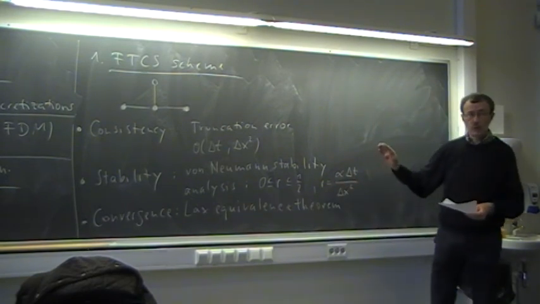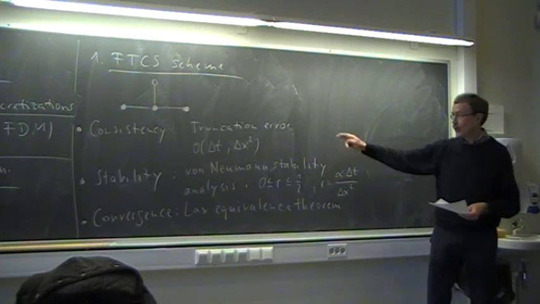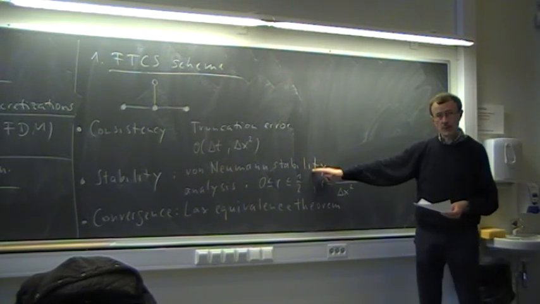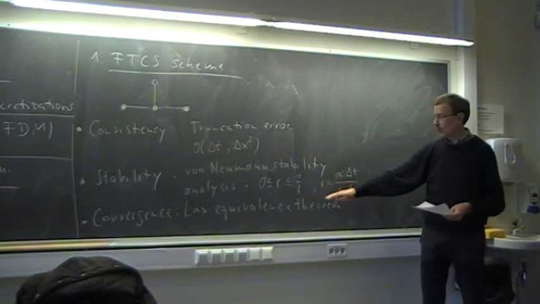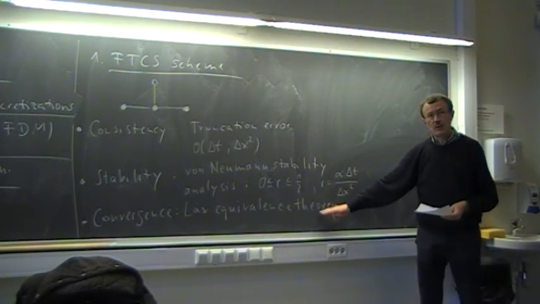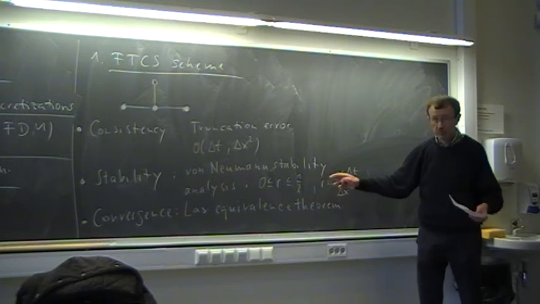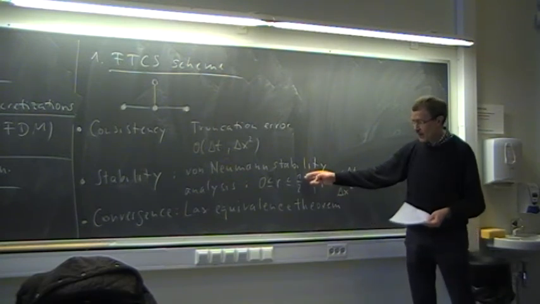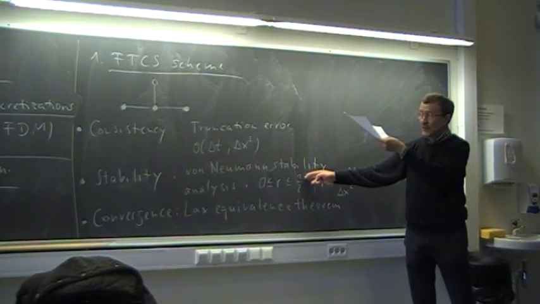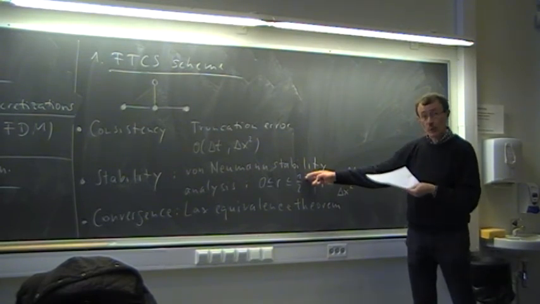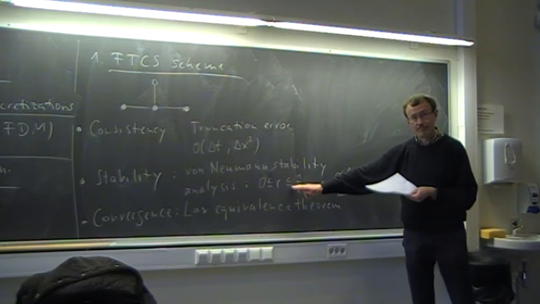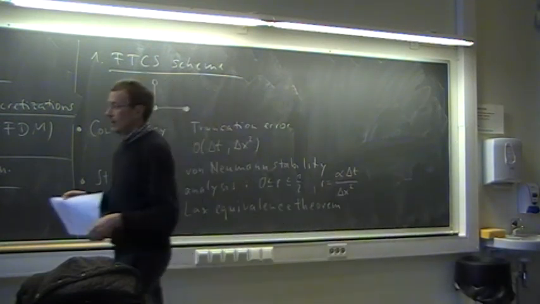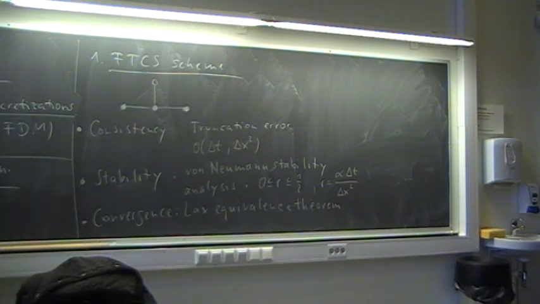When you are asked to show that the numerical method is convergent, you do these two points: show that it's consistent, show that it's stable under a certain condition, maybe, and then you simply state the Lax equivalence theorem. For example, in this case, the FTCS scheme is convergent under this condition, because it is stable under this condition. Okay.